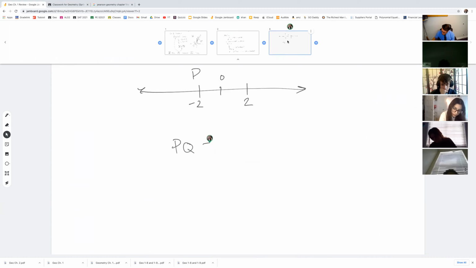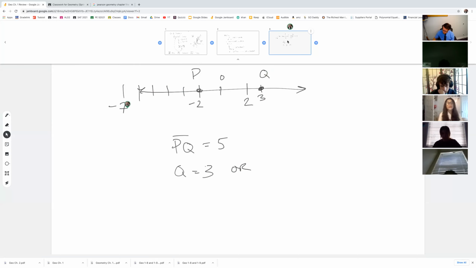So we want segment PQ to equal 5. So if we go 2, 3, 4, 5, so Q equals 3, or 1, 2, 3, 4, 5, negative 7, or Q equals negative 7.